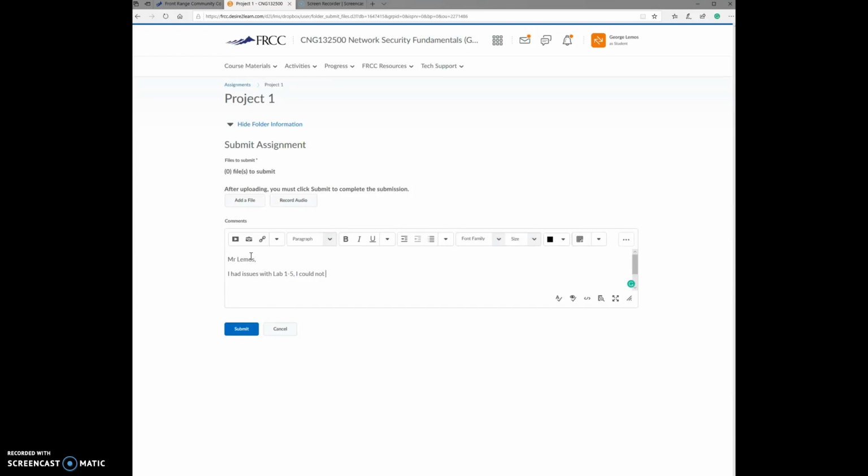I could not get the 32-bit VM running. Or something else could be like, I could not get access to on the hub. And on the hub is where we're going to find a lot of the parts.